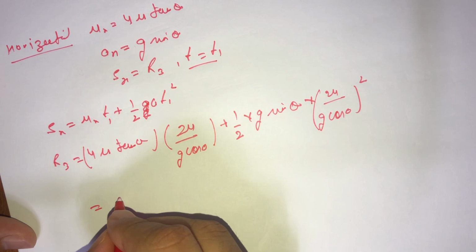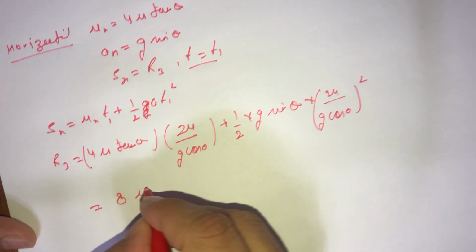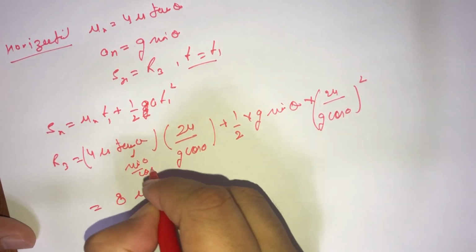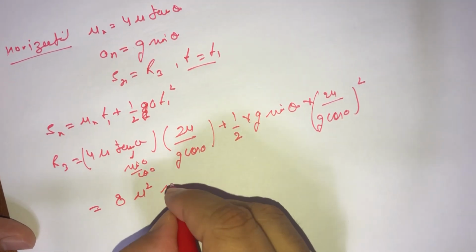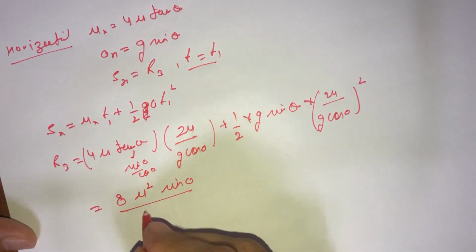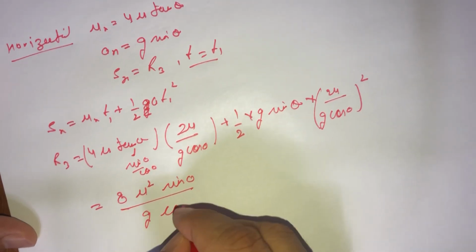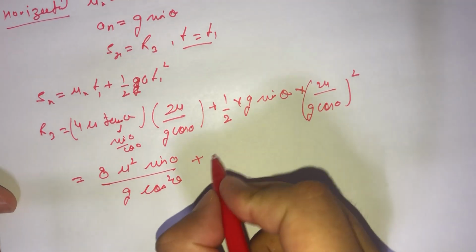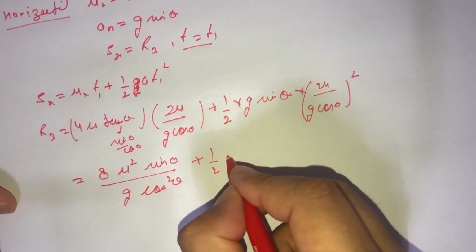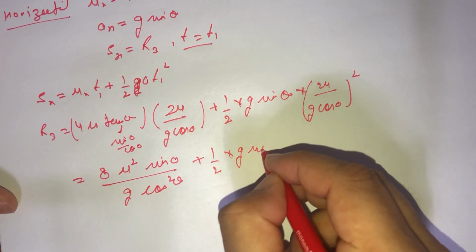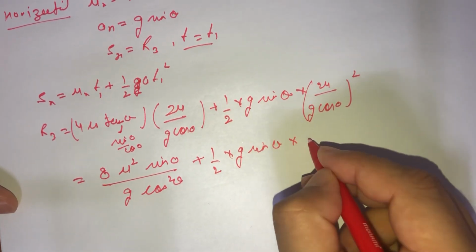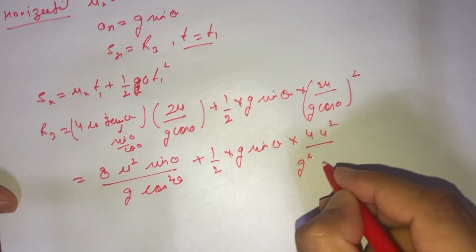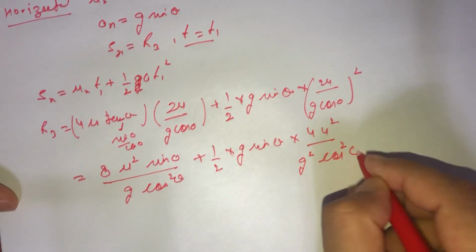So we are left with 8u square. Once again we write tan as sin theta upon cos theta, so we get 8u square sin theta divided by g cos square theta, plus half multiplied by g sin theta multiplied by 4u square over g square cos square theta.